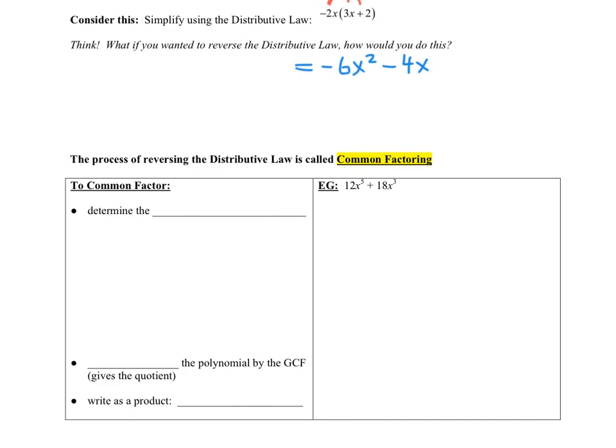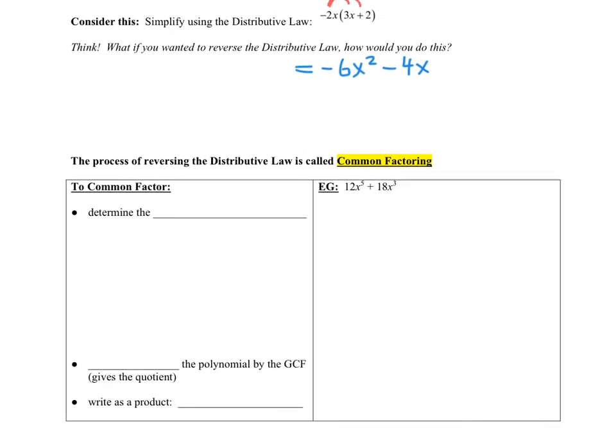Okay, our first step, determine the greatest common factor, or your GCF for short form. Now in order to do that, you're going to look at the coefficients first.